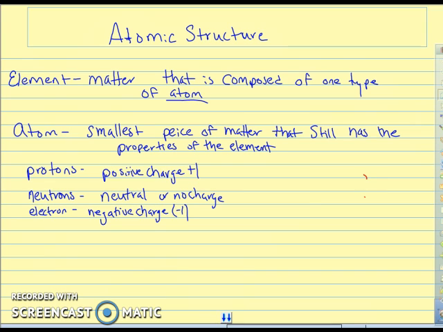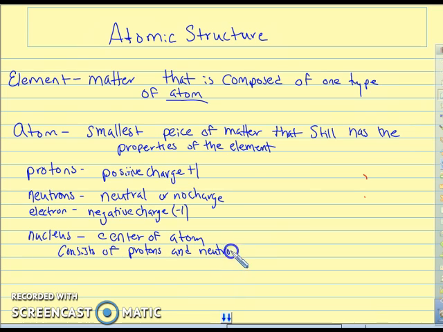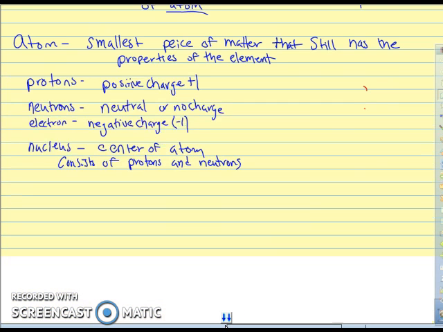Your protons and your neutrons are located in the nucleus, and the nucleus is in the center of the atom. It consists of protons and neutrons.